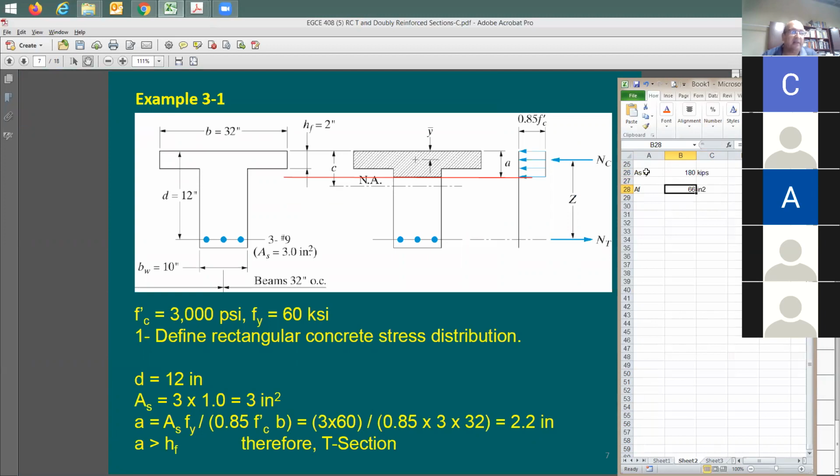My understanding is that it has uniform compression stress of 0.85 F prime C. Now if you take this 0.85 F prime C, times 3, times this 66, I should end up with 180 kips. Don't you guys agree? Yes or no? I'd like to hear more than one person. Would I end up with 180 kips? No. Why not?